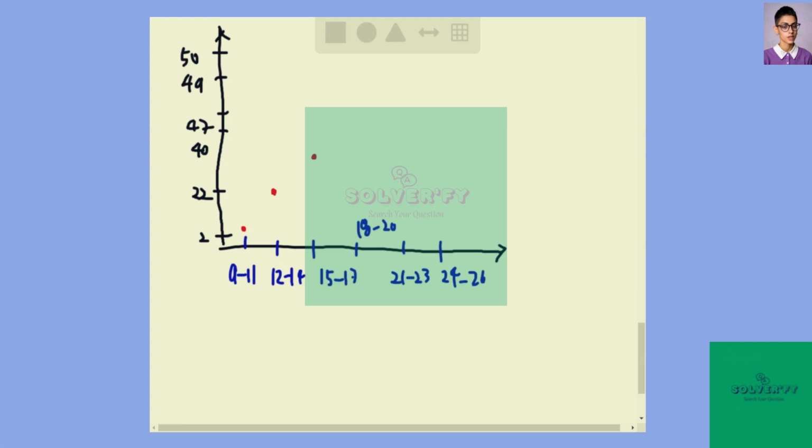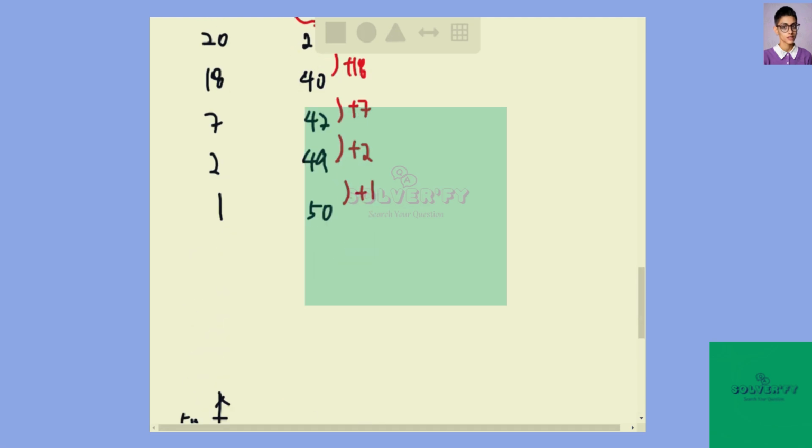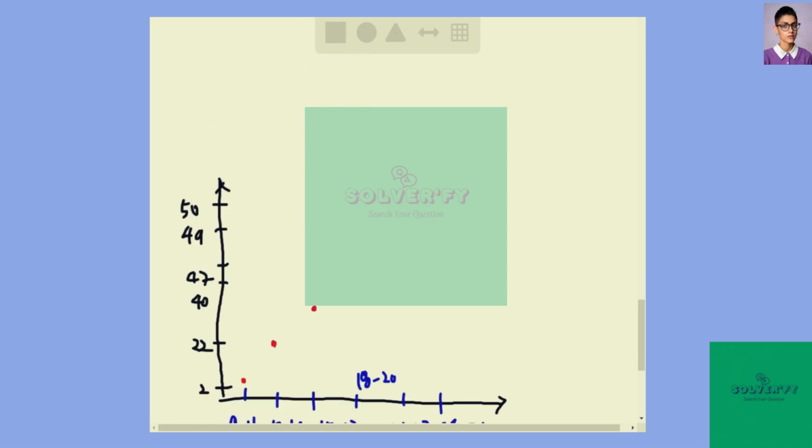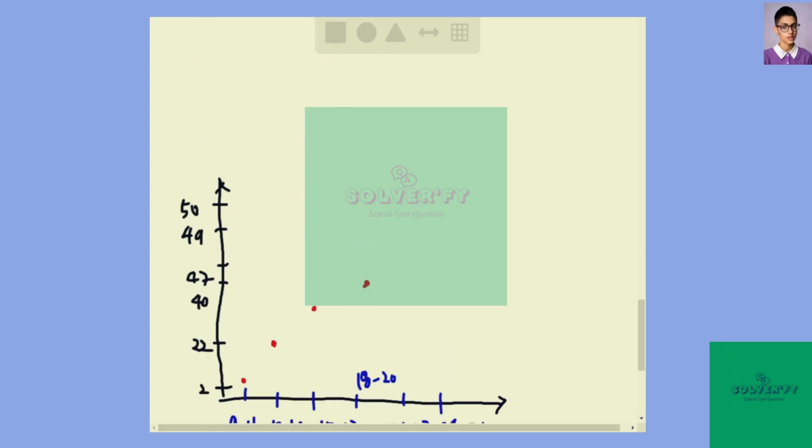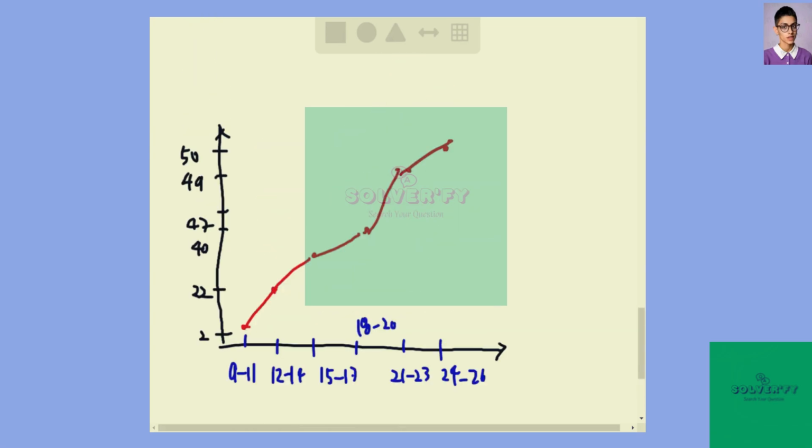And 18 to 20, we had a 47. So here. And 21 to 23, we have 49. So here. And the last one should be repeating 50. Okay. And that's it.